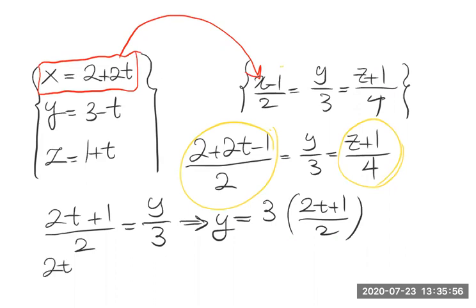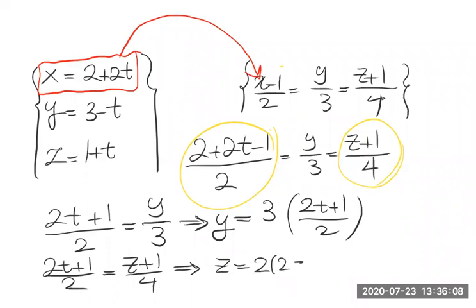So 2t plus 1 over 2 should be equal to z plus 1 over 4. What does it say about z? Well, I can multiply both sides by 4. I would get 2 times 2t plus 1, and then I should subtract 1. It would be 4t plus 2 minus 1, which is 4t plus 1.